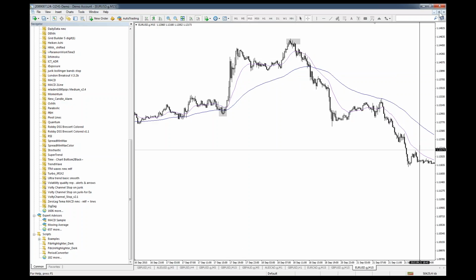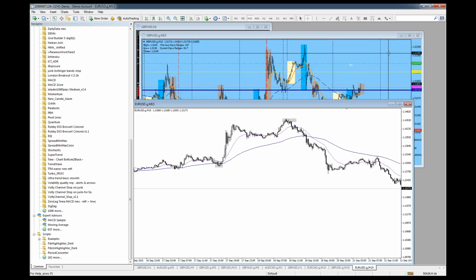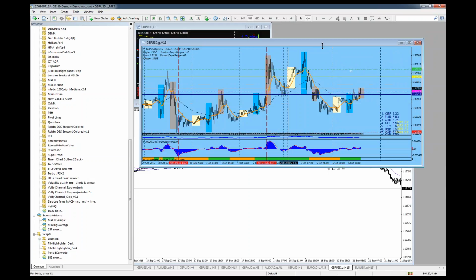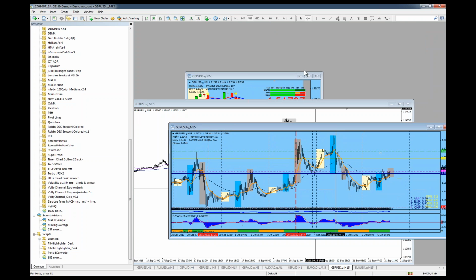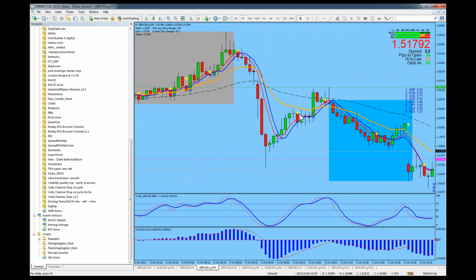And what I ended up with after a lot of experimentation was the 5 period moving average, and in particular, the 5 open and the 5 close.